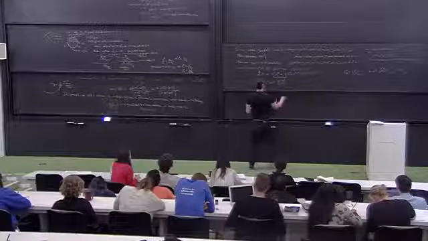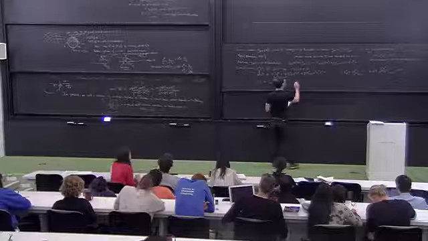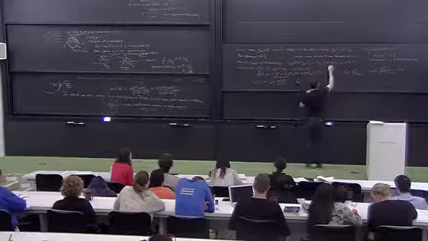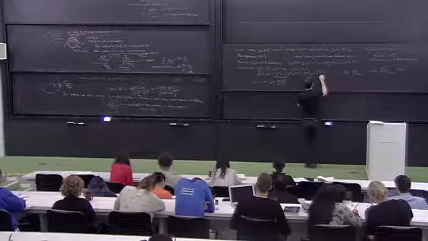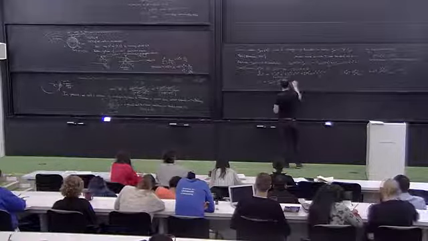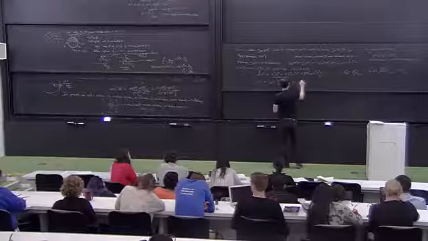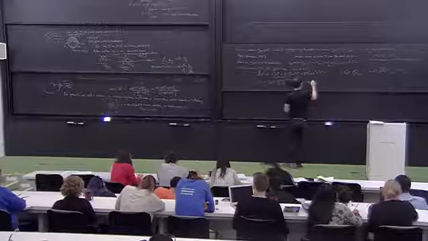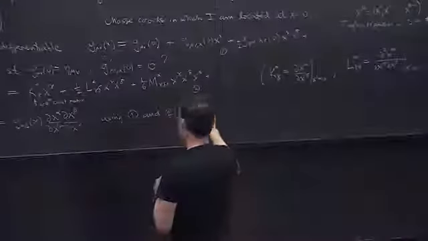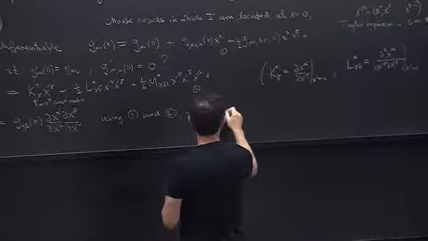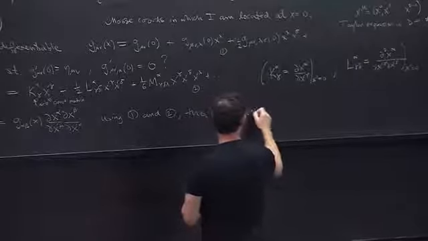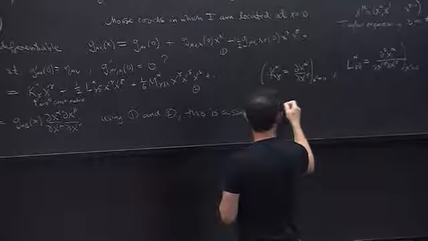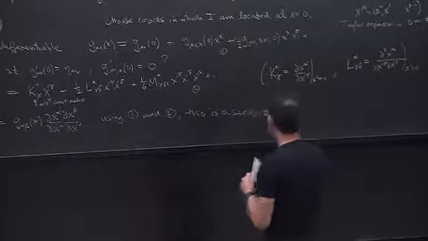Okay, so we will get, using 1 and 2, this is a series in x prime. This is a Taylor series.